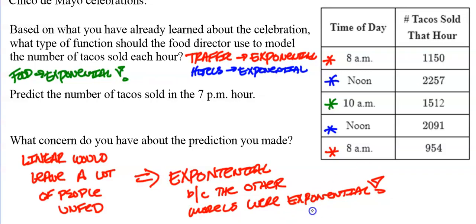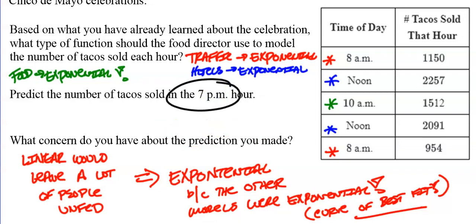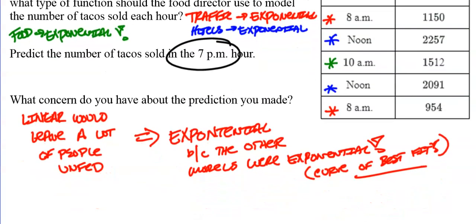So it's a curve, not a line. The line of best fit leaves a bunch of people hungry in there because there's this gap between the two lines. So now we're going to predict how many tacos we're going to have at the 7 p.m. hour using an exponential function.